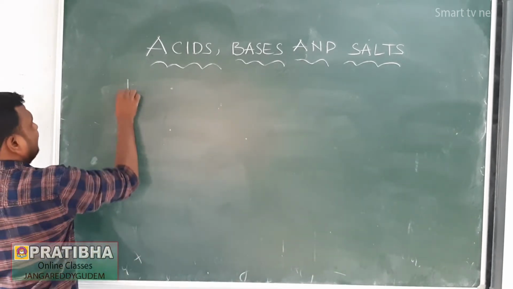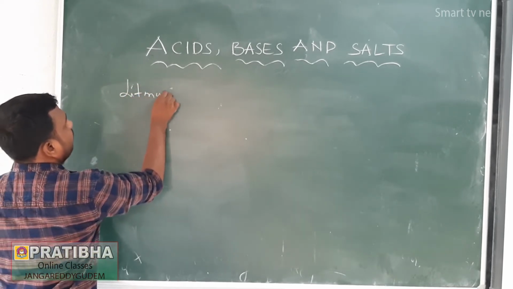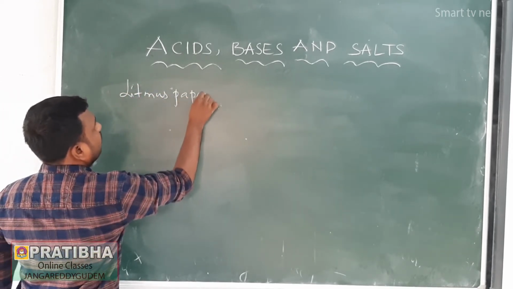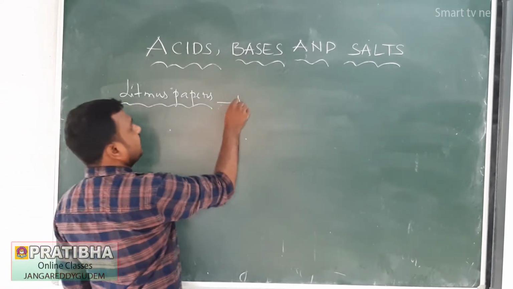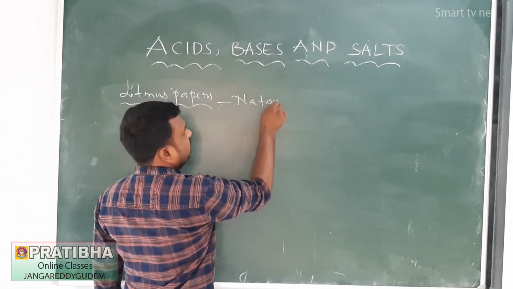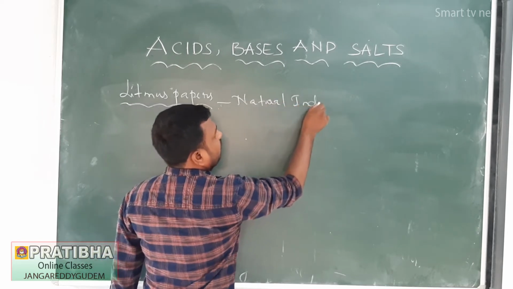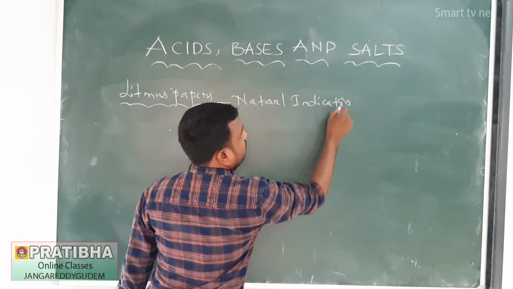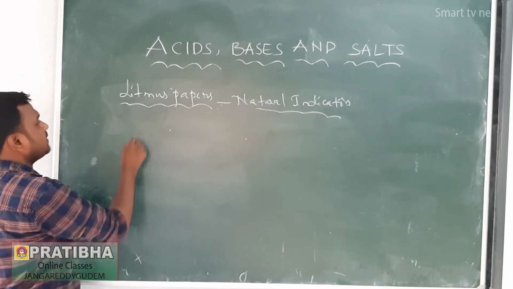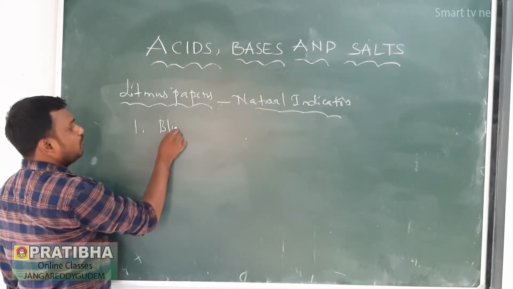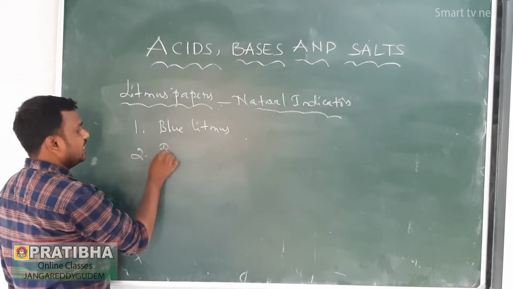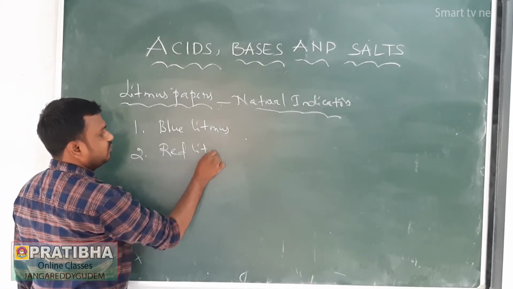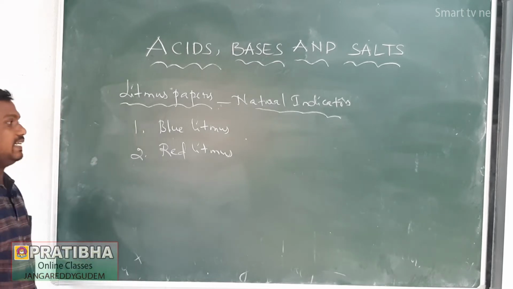Litmus papers. Litmus papers are also called natural indicators. Litmus papers are of two types: one is blue litmus, second is red litmus.